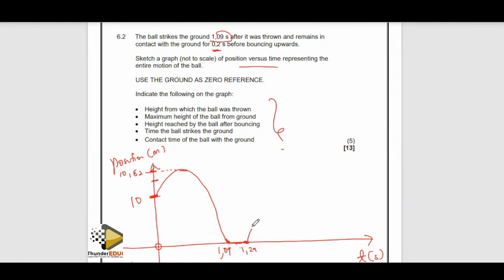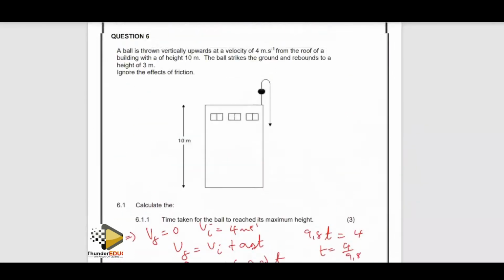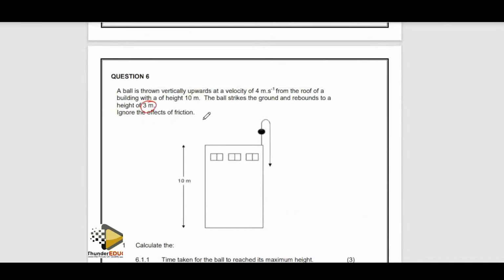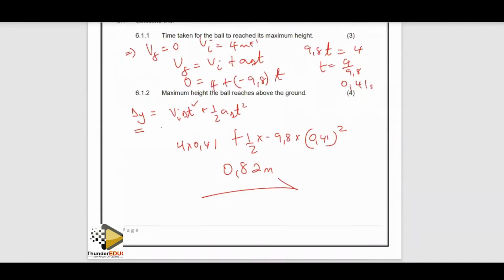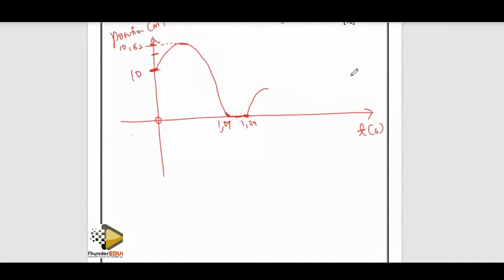And then it just bounces off to a height. Did they give us that height within the question? Yes, a height of 3, which means this graph must stop at 3. So just that.